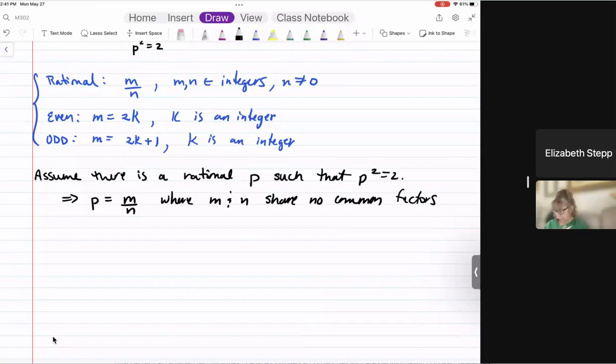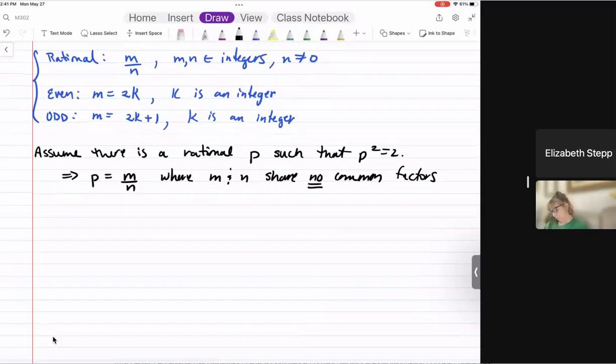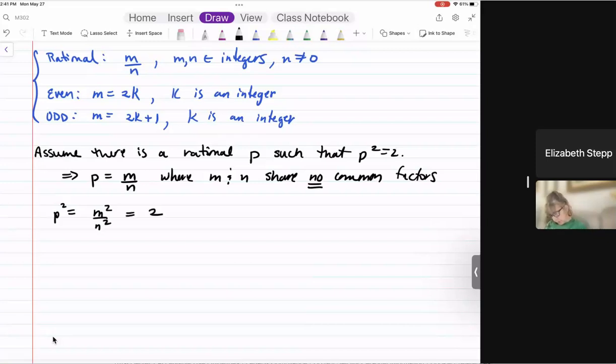So this is going to be the reduced form of p, with no common factors. If p squared is equal to 2, and p is equal to m over n, then m squared over n squared is equal to 2. This means that m squared is equal to 2 times n squared.